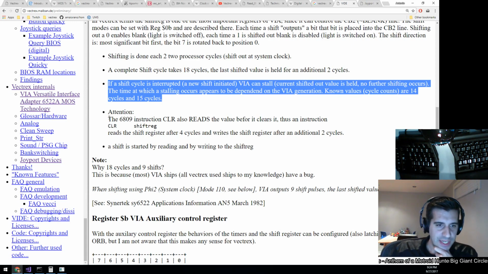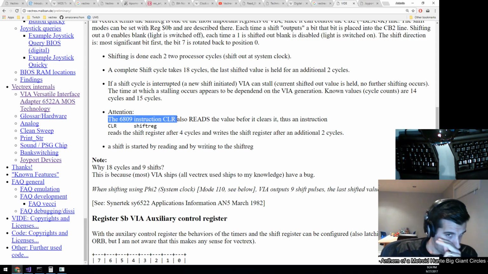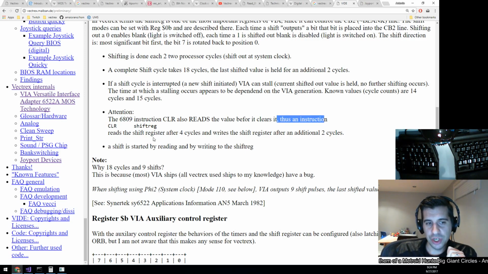And he says, attention, the 6809 instruction clear also reads from the value before it clears it. Thus, an instruction clear shift reg reads the shift register after 4 cycles and writes the shift register after an additional 2 cycles.